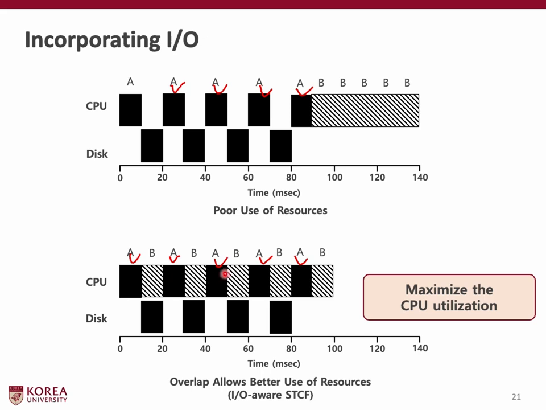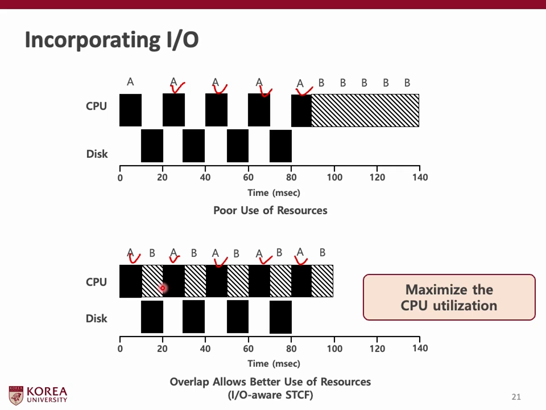So the result is this alternating pattern. I mean, A runs for 10 milliseconds, then performs I/O, and while A is waiting, B runs on the CPU. And when job A returns to the ready queue, it preempts B at this point, because the scheduler regards this subjob as an independent job with remaining time of 10 milliseconds. So this creates overlap. A used the disk while B used the CPU.